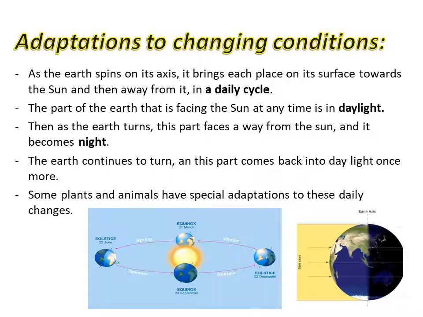To what? Changing conditions. As the earth spins on its axis, it brings each place on its surface towards the sun, and then away from it, in a daily cycle.